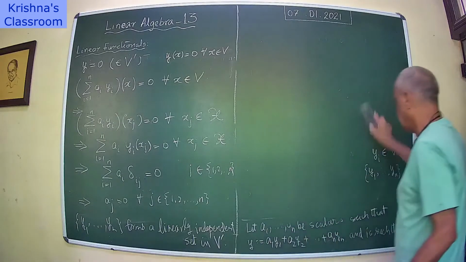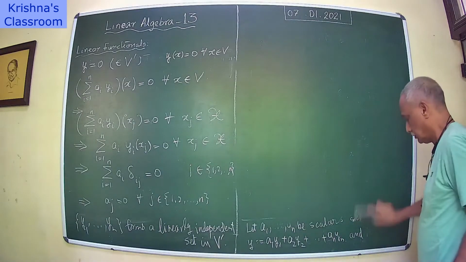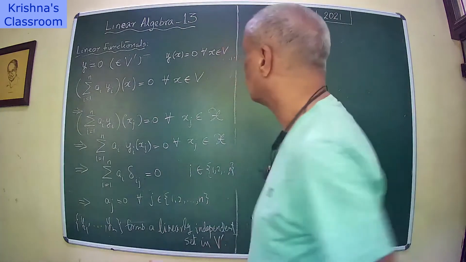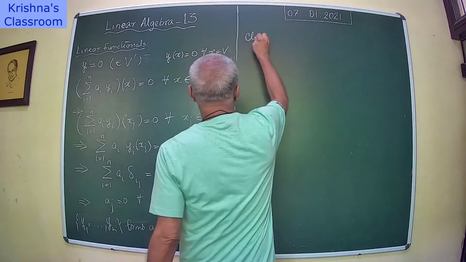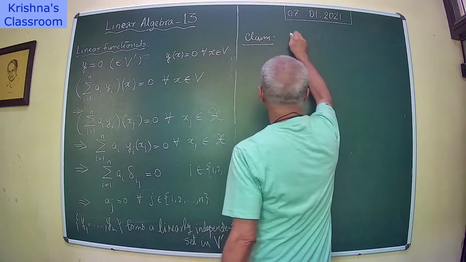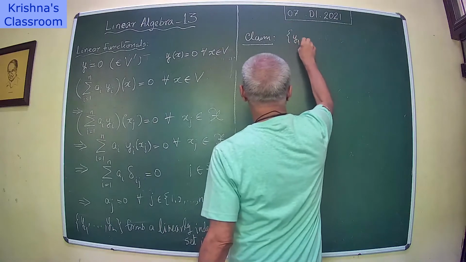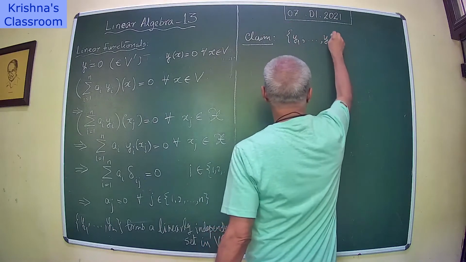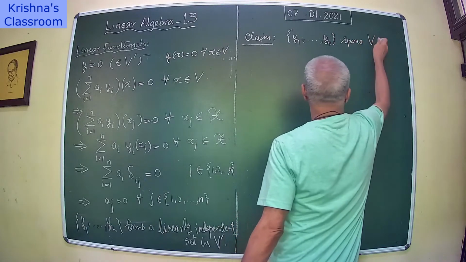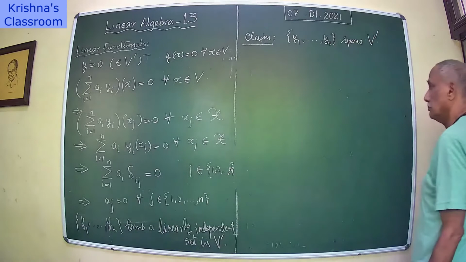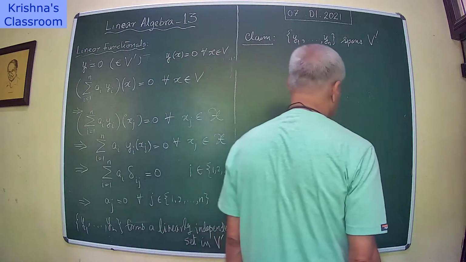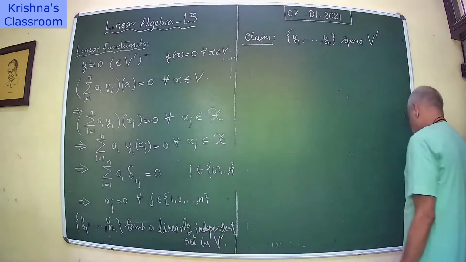Now we prove that y1, y2, etc. yn spans V prime. So take any y.